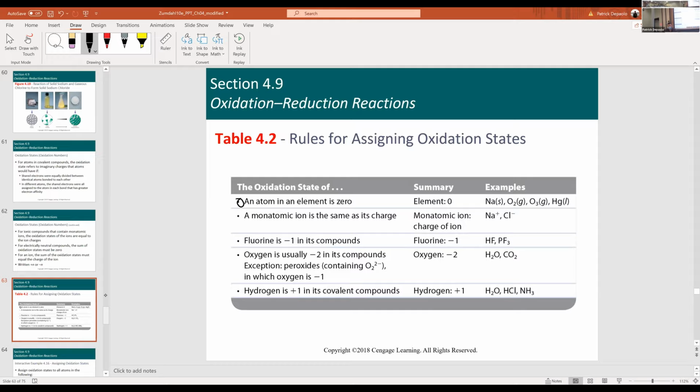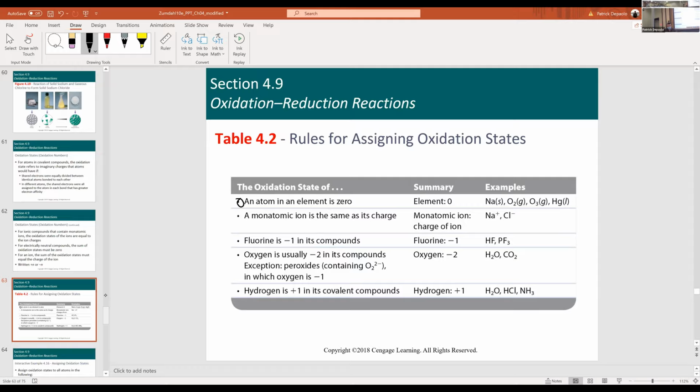Also, gases or nonmetals in their elemental form are zero, such as O2 and ozone. They are considered elemental because it's a molecule, not a compound, and there are no other elements in there. So that will be considered zero oxidation state. Same thing with mercury, anything alone.